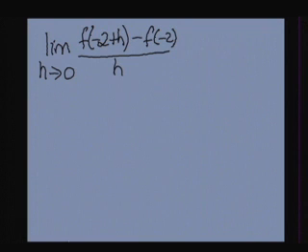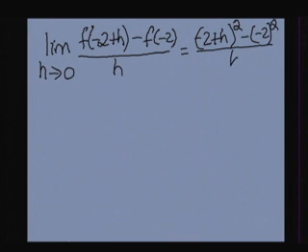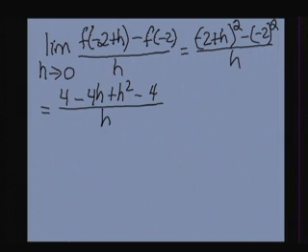And our function this time is x squared, so this is going to be equal to negative 2 plus h quantity squared minus negative 2 squared all over h. Simplifying this, we get 4 minus 4h plus h squared minus 4 all over h.